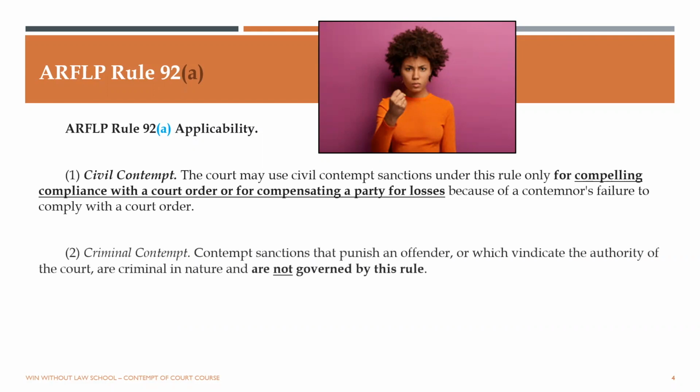That's different from criminal contempt. Criminal contempt applies sanctions to punish or vindicate the authority of the court, and that's not governed by this family law contempt rule. Instead, we're in this civil contempt realm. And so the extent of the relief you can get is just to compel compliance or to compensate for losses related to the contempt.